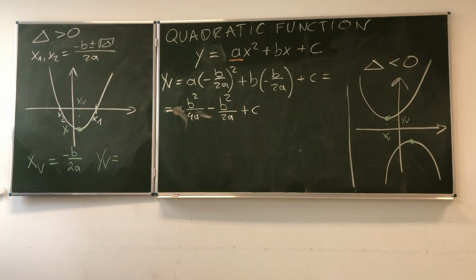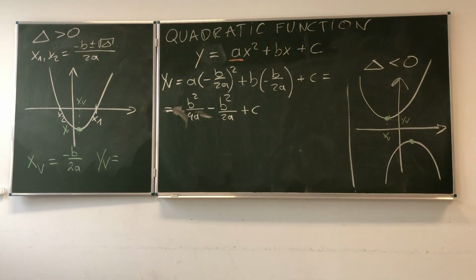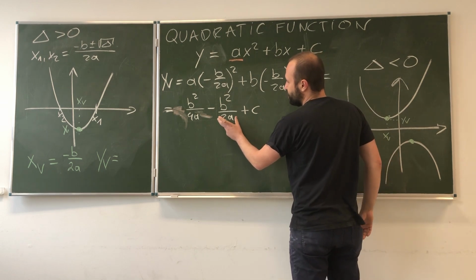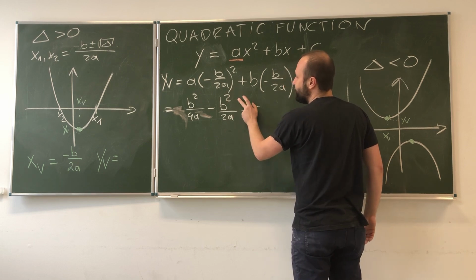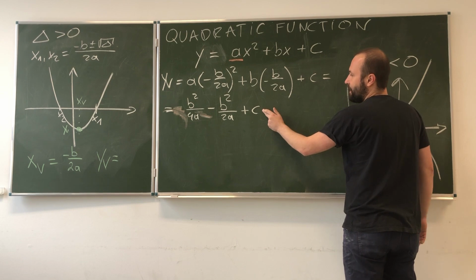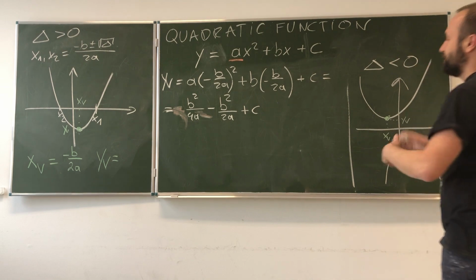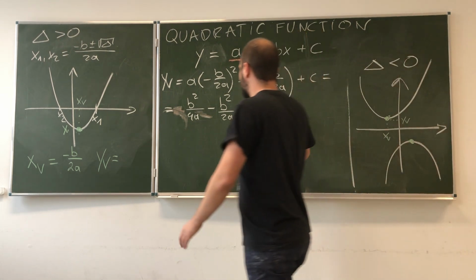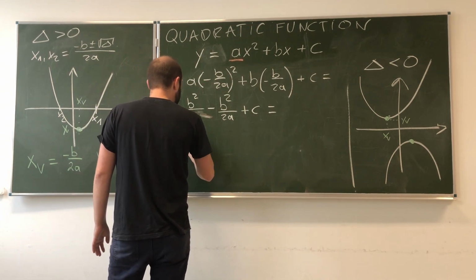Now, what I want to do here is to put all those numbers into a common denominator. So in here it's really easy. I just need to multiply this expression, denominator and numerator, by 2. And over here, I need to multiply c, in numerator and in denominator, by 4a. So what am I getting? Well, the first expression is not changing. It's b squared over 4a.